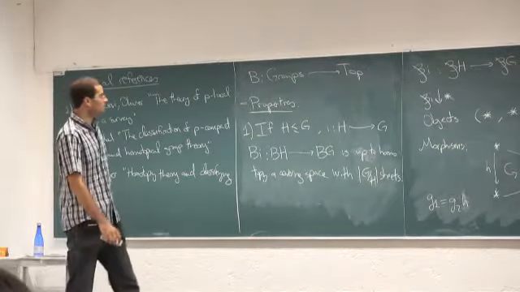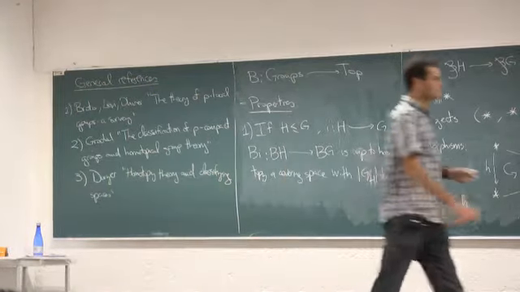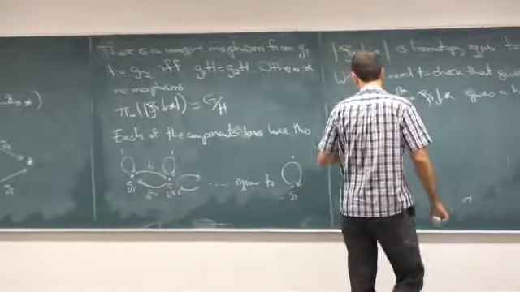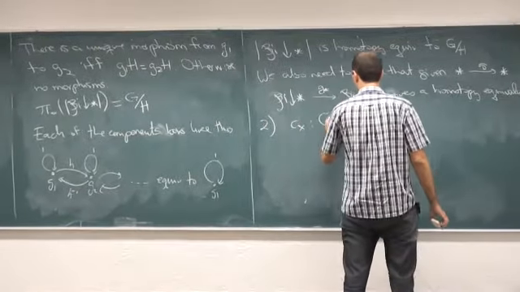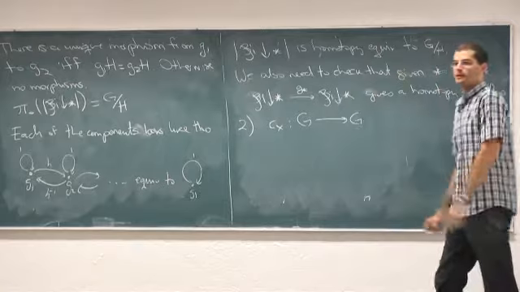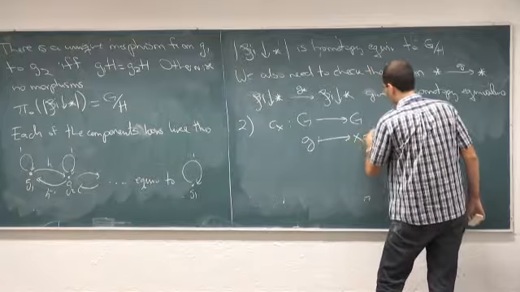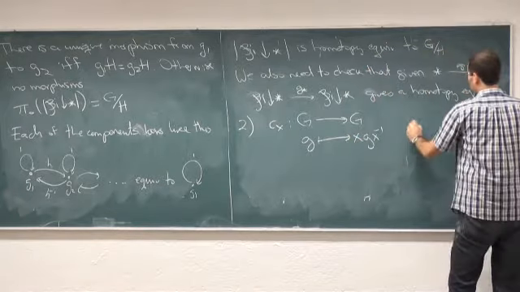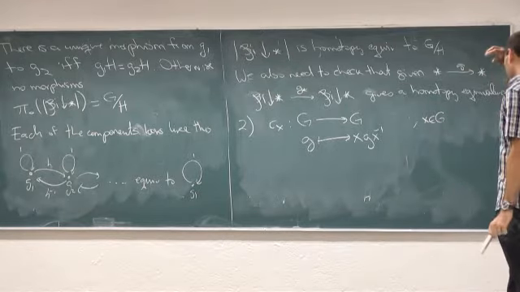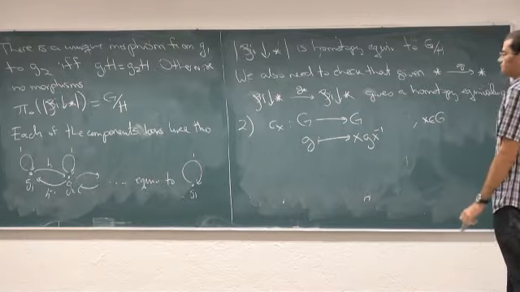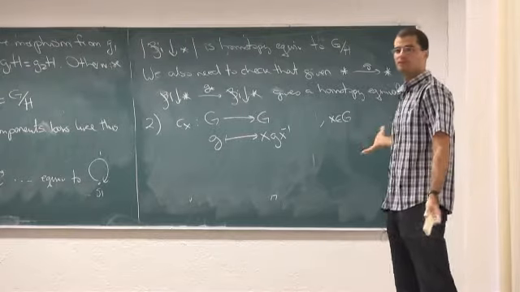Now, other homomorphisms that are going to be important are conjugations. So what if we have Cx, the map given by taking an element of G and conjugating it by x, where x is an element of G. These morphisms are important in group theory, but when you go to homotopy theory, they disappear.